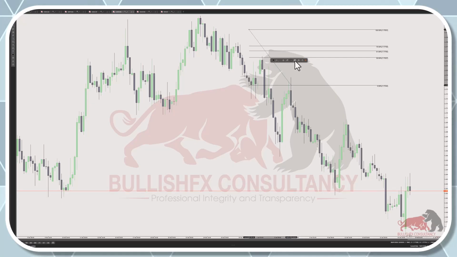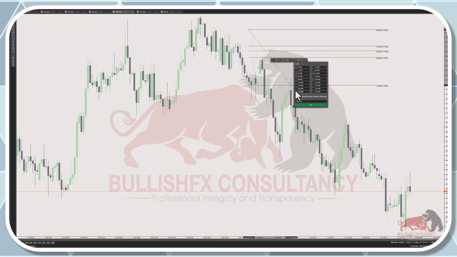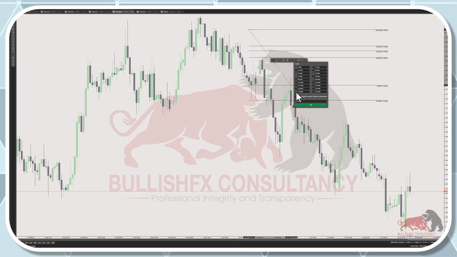Let me go back here and then settings. So for my targets, I'm going to replace some of these levels here that I do not use. The first target, target number 1, is going to be the negative 27% retracement level. And then I'm going to select it so that it's visually seen on the chart.